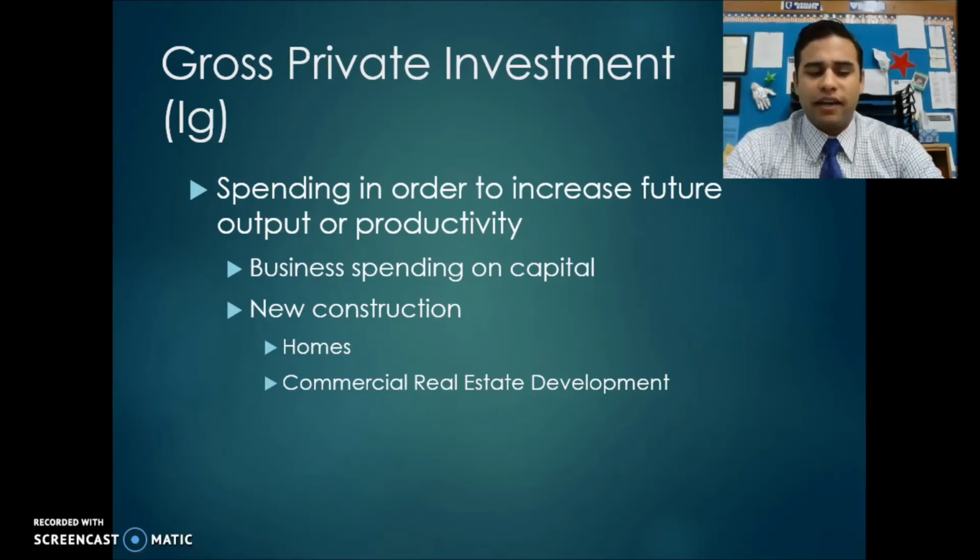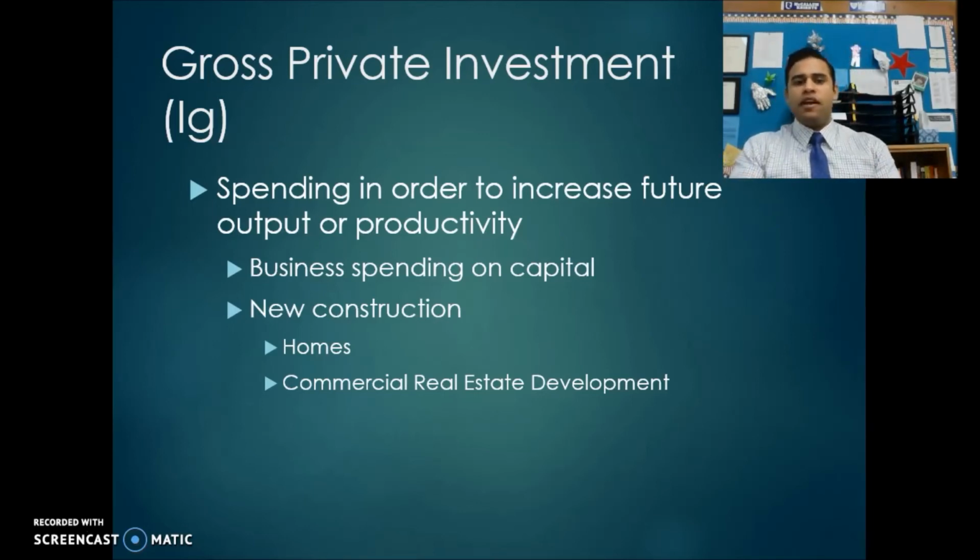Well, who lives in houses? Well, households, right? And so you might want to put buying a new home into the category of consumption spending. But homes are treated as investments, and for good reason. You take out a loan to get a home. It typically appreciates in value, and it's one of the most valuable things that most households will ever purchase.